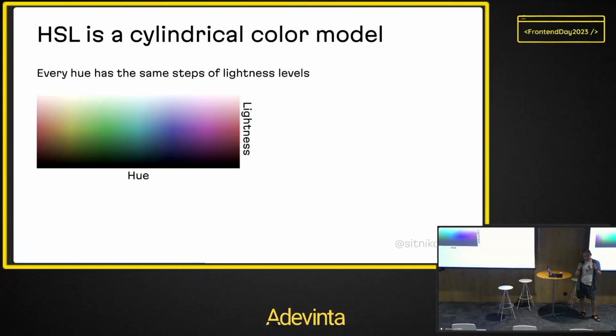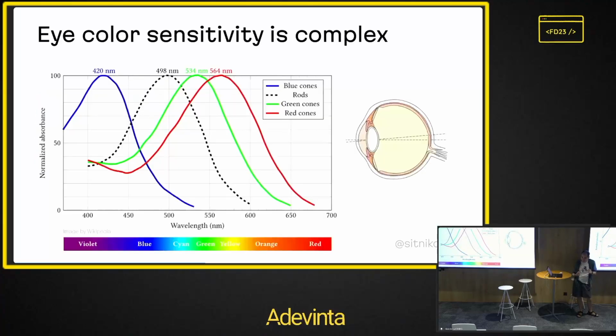The main problem of HSL is that it is a cylindrical color model. It has a cylinder, and every hue has the same amount of lightness. But our eyes are a very complex structure. We have 3 receptors, and they are not at equal distance from each other.